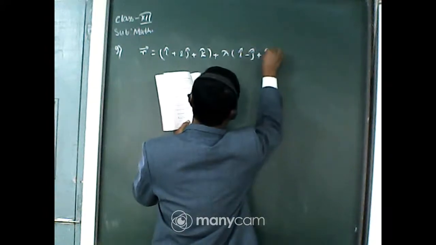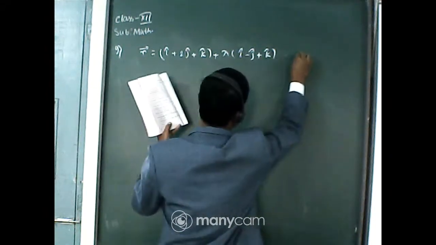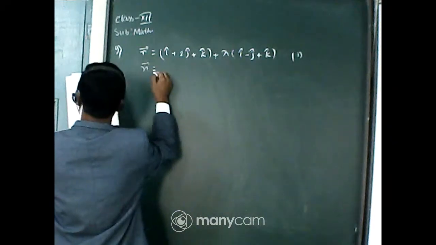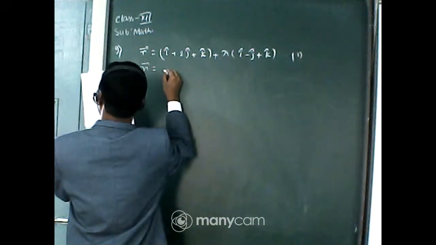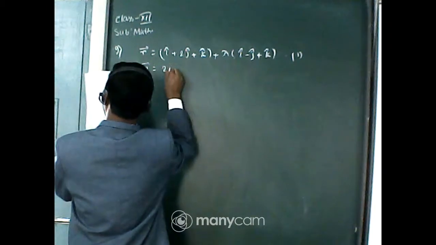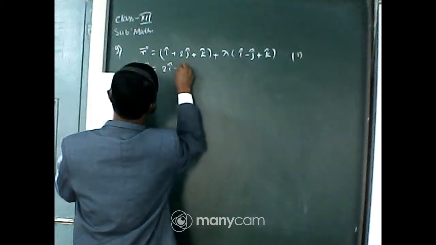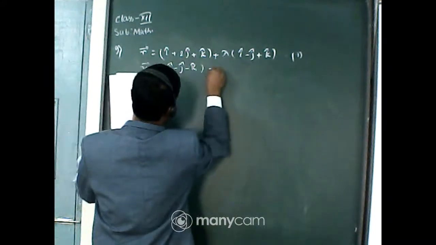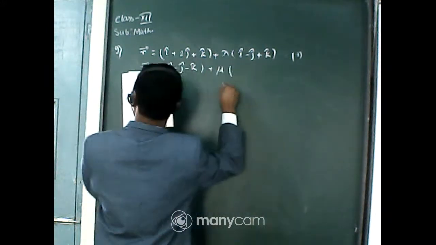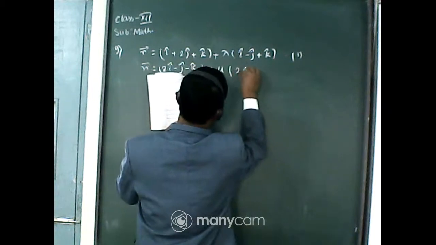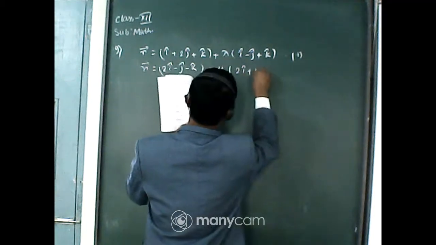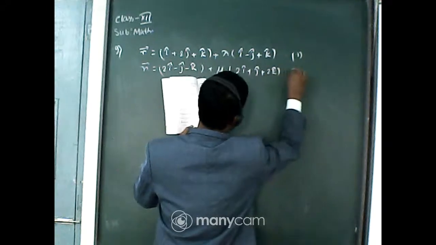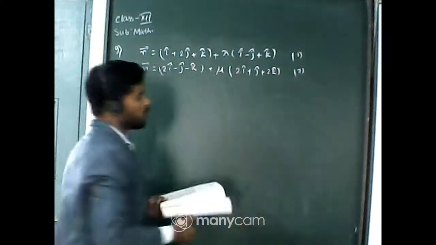This is equation number 1, and the second line is r equal to 2i minus j minus k, plus mu into 2i plus j plus 2k vector. This is our equation number 2. So we have to find the shortest distance between these two lines.